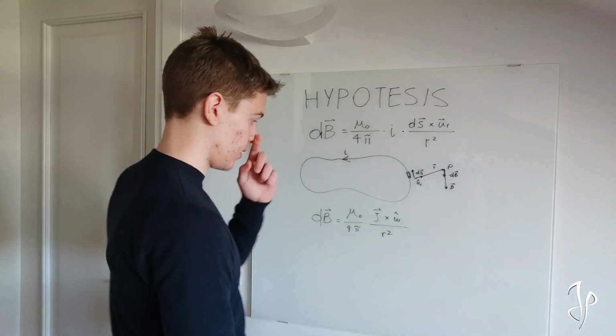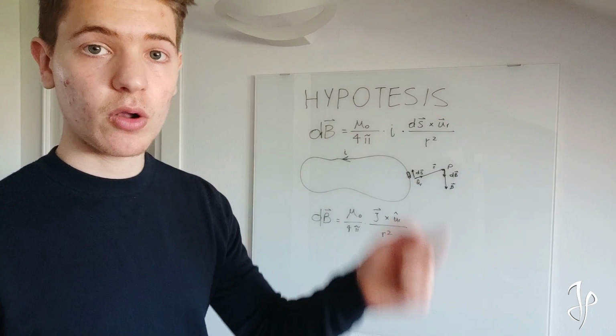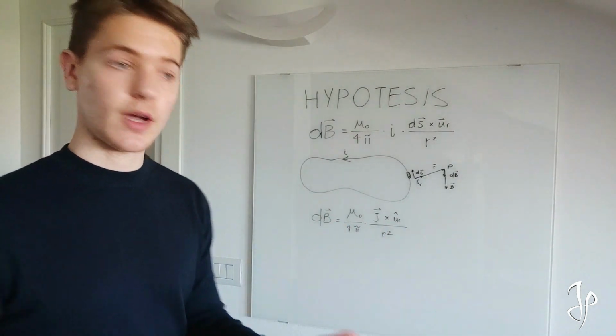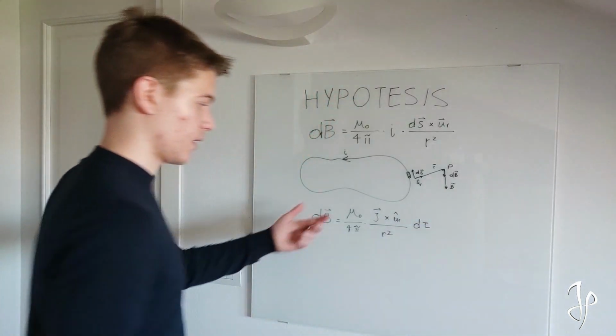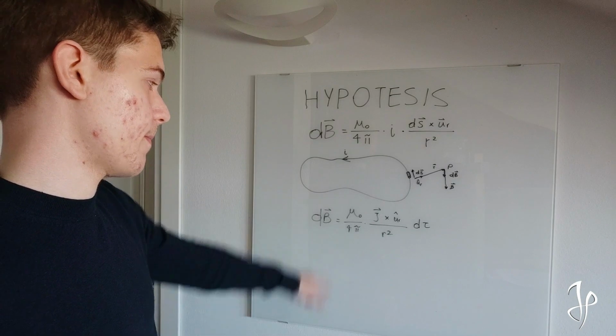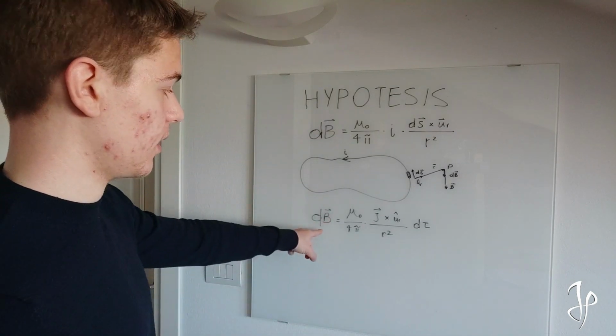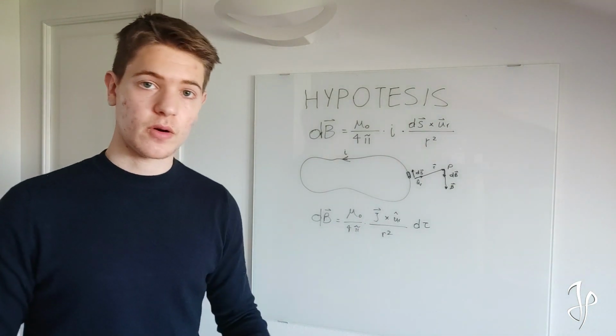And then you have the infinitesimal term which is referred to the volume of the conductor. So in this case, thanks to this second expression, it is more generic because it actually works with the current density vector, vector J.